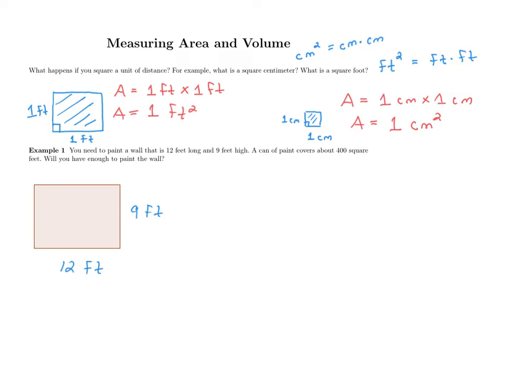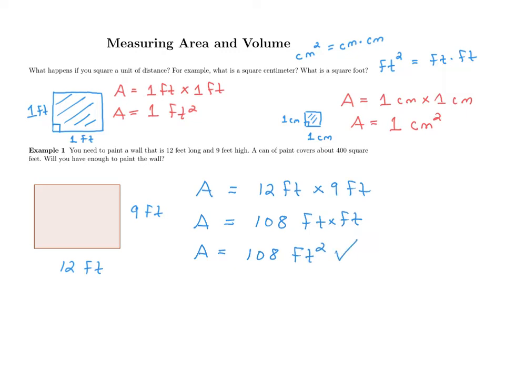So if I do that, the area of that rectangle is 12 feet times 9 feet. And to multiply this together, 12 times 9 is 108. And feet times feet is what's left over for our unit. But as we've discussed, we can call that square feet or feet squared.